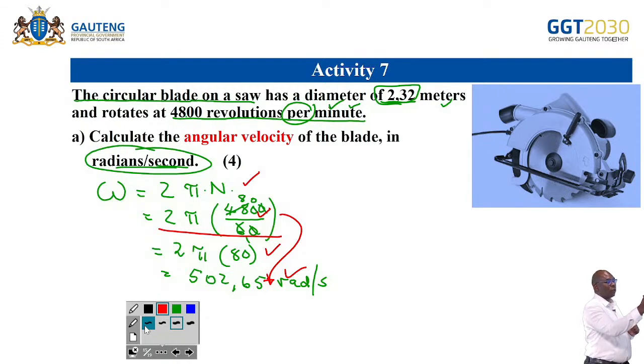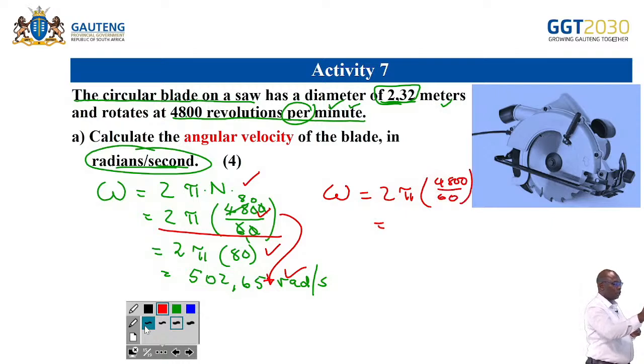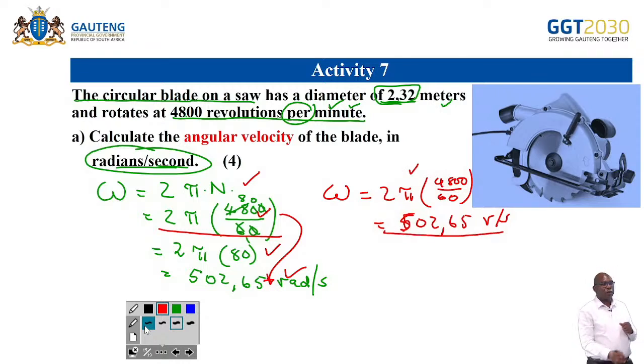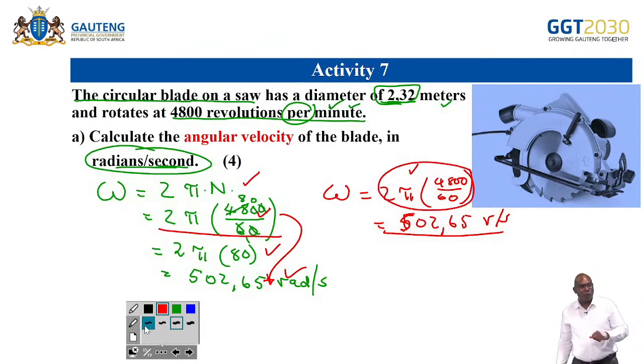Remember, even if you come here and do 2 pi into 4,800 without writing the formula, and then you get your final answer of 502.65 radians per second, you're still going to get your full marks without writing the formula. We'll mark that one as 2 marks, because once you have substituted, we know you know your formula.